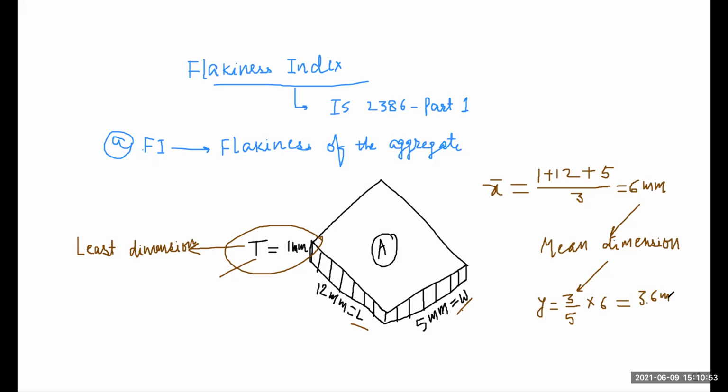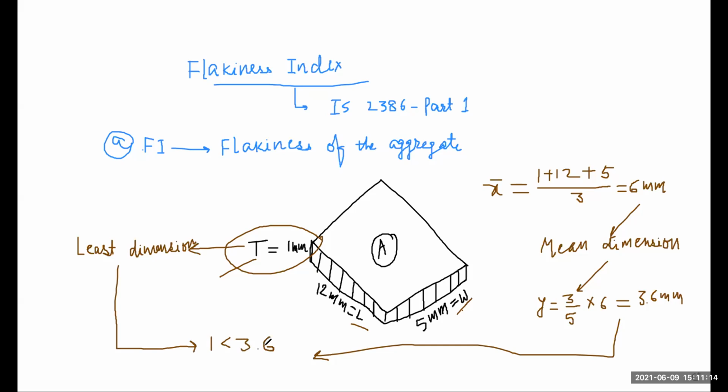Someone may say, sir, we have a result of 3.6 mm, so my work is over. I identify my flaky particle. You see here the least dimension is 1 mm and 3 by 5th of the mean dimension is 3.6 mm. So 1 is less than 3.6.